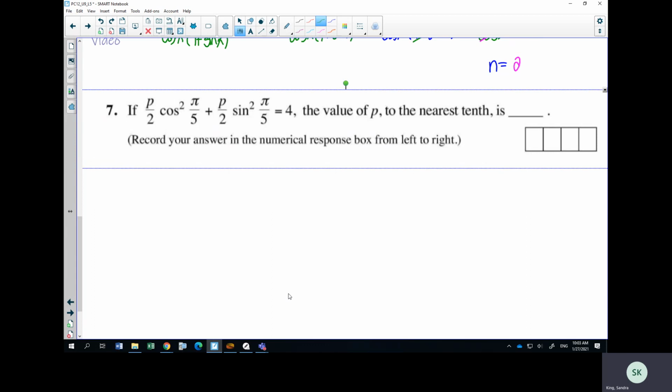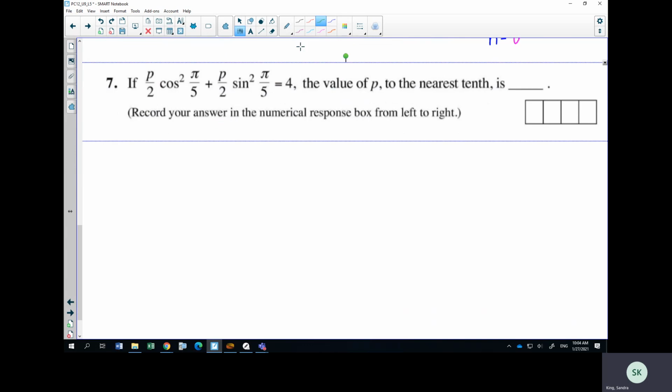Homework question number 7. It says if p over 2 and then it gives you, it sort of looks like a mess on the left-hand side, and it says that's equal to 4. What's the value of p? So what I want you to see is, because I have a p over 2 and a p over 2, we could factor out that p over 2.